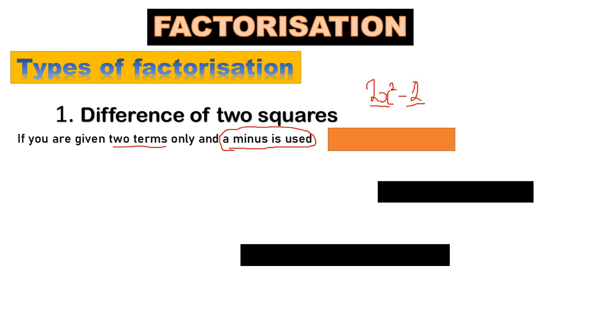This should tell you this is a difference of two squares. An example is that one over there: 4x squared minus 16. If you check, a minus has been used, and there are only two terms, 4x squared and 16. So this one is a difference of two squares, so we can factorize it in that way.